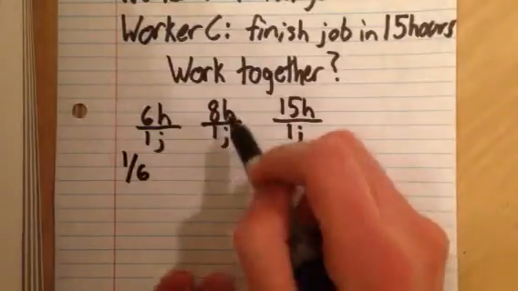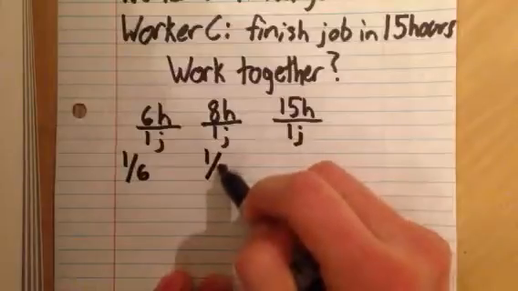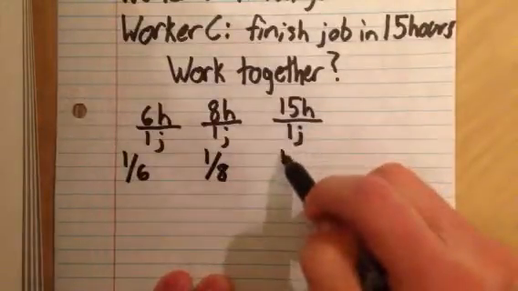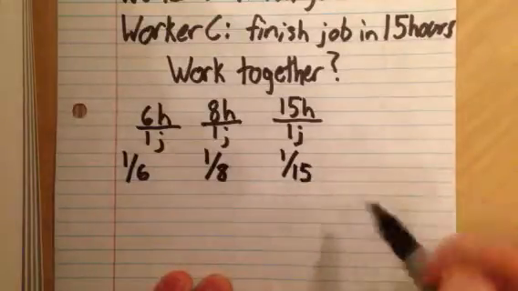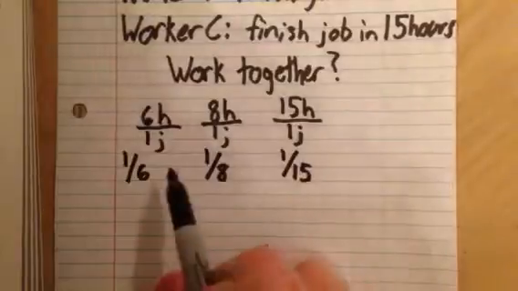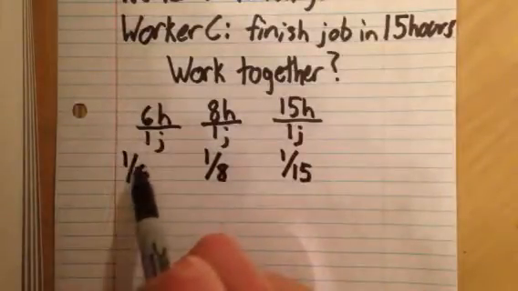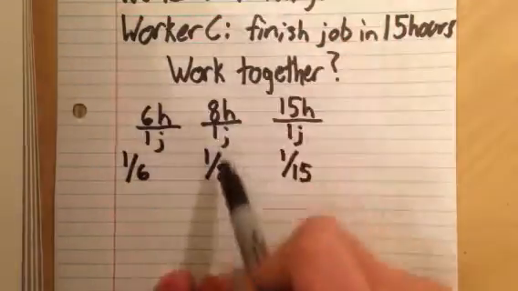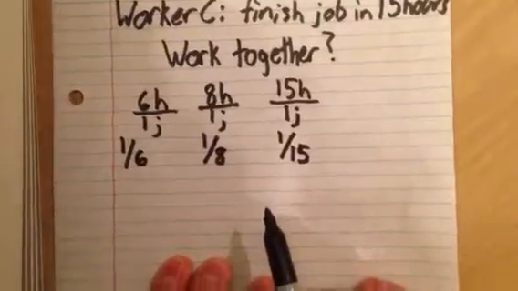Worker B, if it takes him 8 hours, in 1 hour, he'll complete 1/8 of the job. And worker C will complete 1/15. And for every hour that goes by, worker A will finish another 1/6, worker B will finish another 1/8, worker C will finish another 1/15.